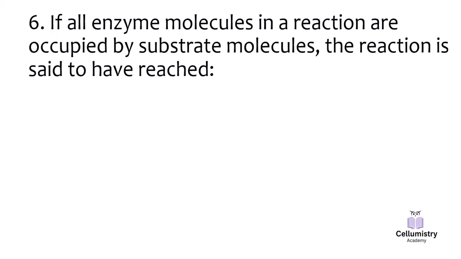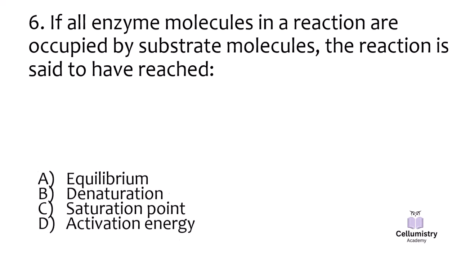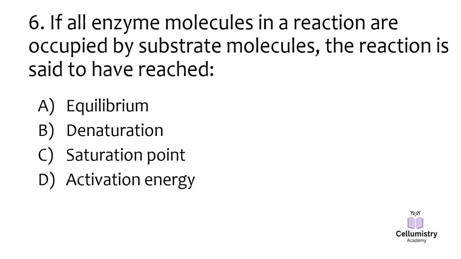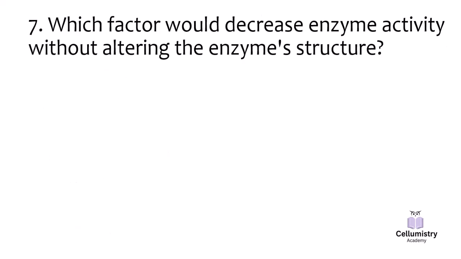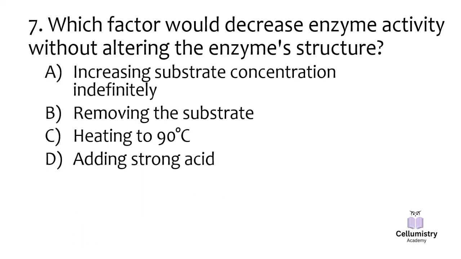If all enzyme molecules in a reaction are occupied by substrate molecules, the reaction is said to have reached... Answer is C. Saturation point. Which factor would decrease enzyme activity without altering the enzyme's structure? Answer is B. Removing the substrate.